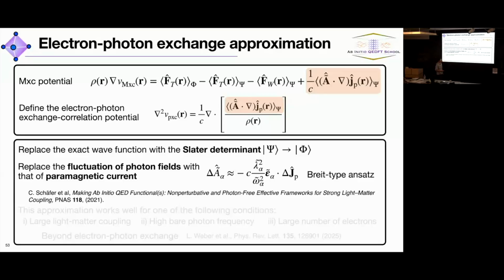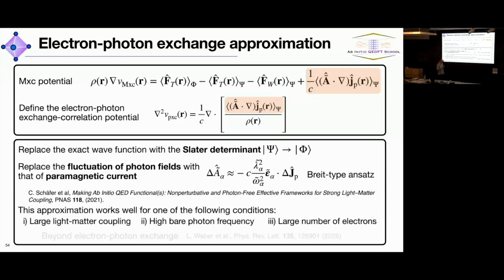One thing I want to mention is that this approximation only works well in the following conditions. One is a high light-matter coupling, so lambda here corresponds to the light-matter interaction strength. If your light-matter coupling is quite large, then this approximation works well.